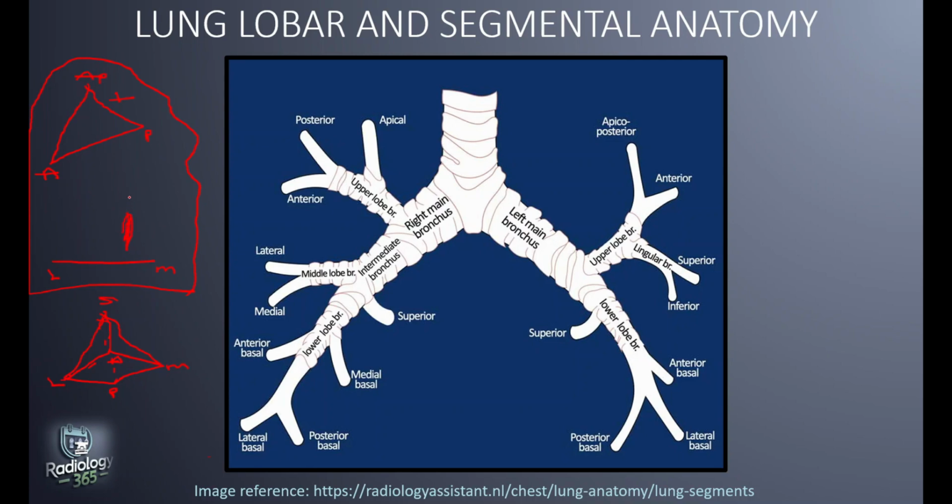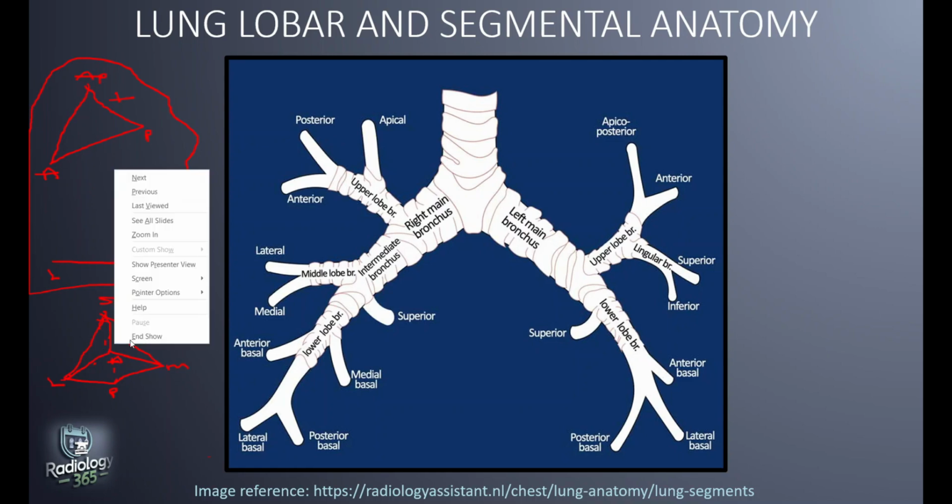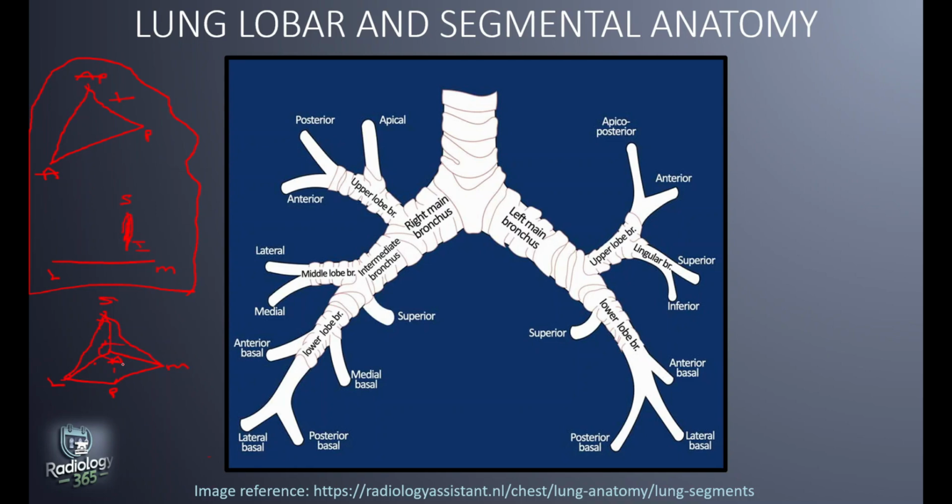So we have a superior and inferior, and then the anterior and medial segments also combined. That gives us an apical posterior segment, an anterior segment, a superior segment, and an inferior segment for the lingula, which is the correspondent for the middle lobe of the right, and then a superior basal, lateral basal, posterior basal, and anteromedial basal segment for the left lung.